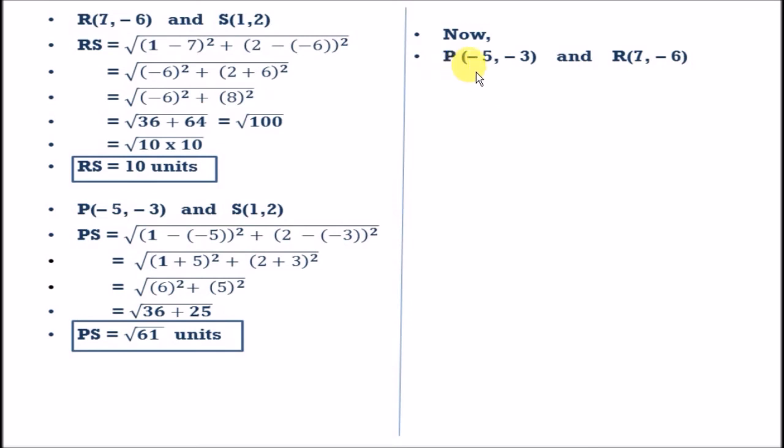Coordinate of P is (-5, -3) and coordinate of R is (7, -6).